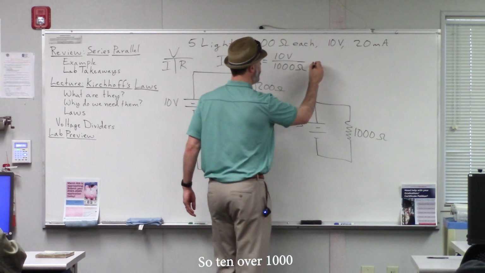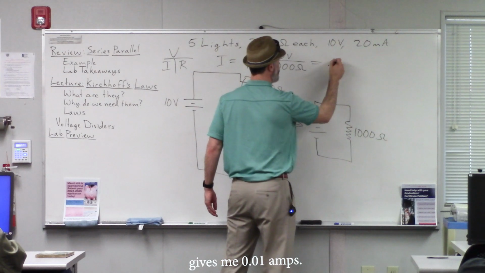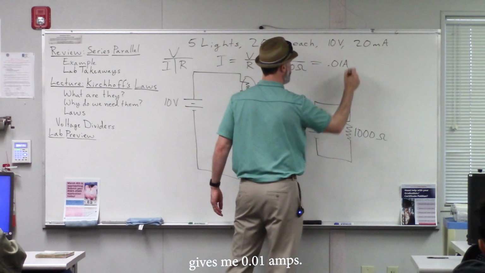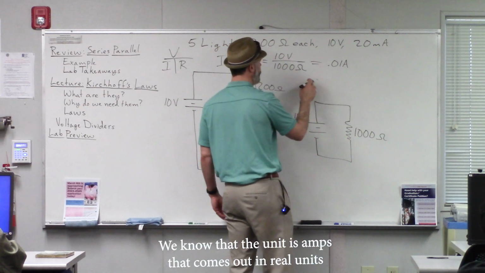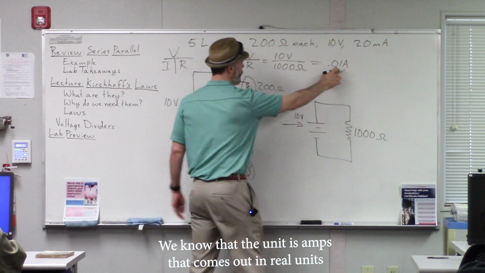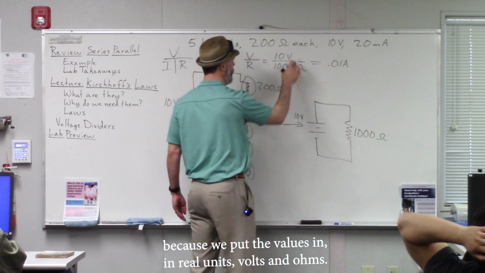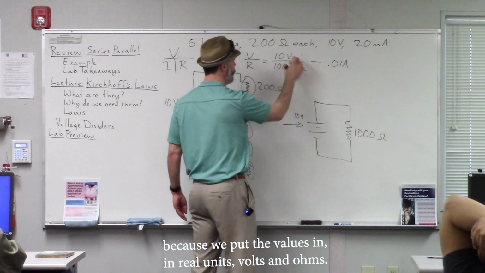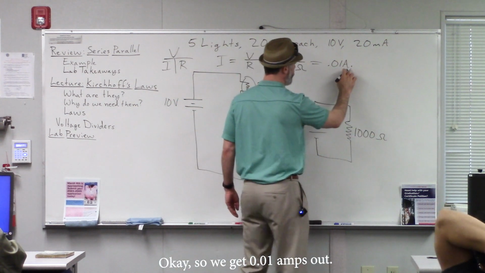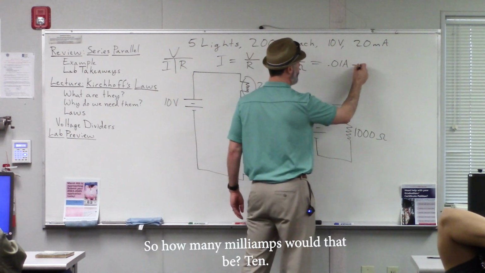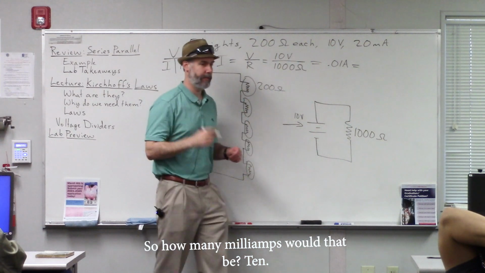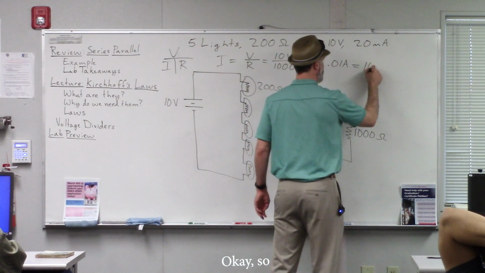So 10 over 1,000 gives me 0.01 amps. We know that the unit is amps. It comes out in raw units because we put the values in raw units, volts and ohms, okay? So we get 0.01 amps out. So how many milliamps would that be? 10.